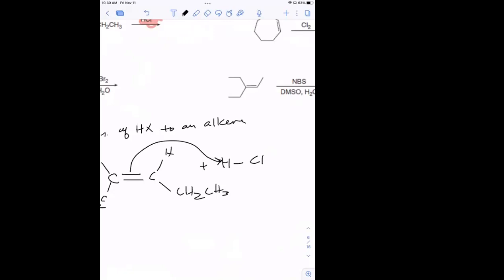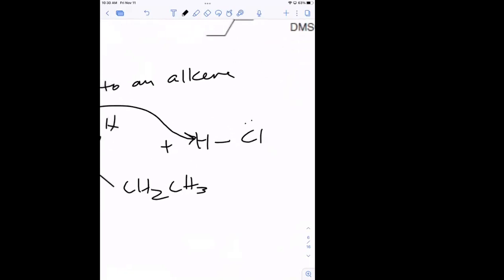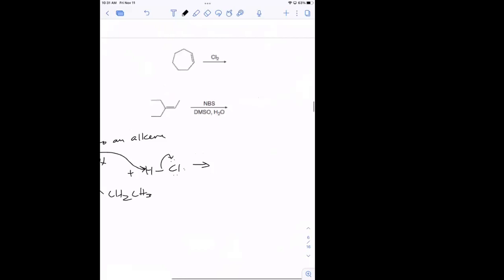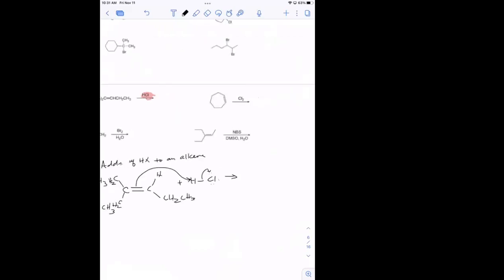All right. And then when I do that, I'm also breaking the HCl bond like that. When I do that, I'm actually breaking the pi bond. Right, I'm breaking the pi bond.